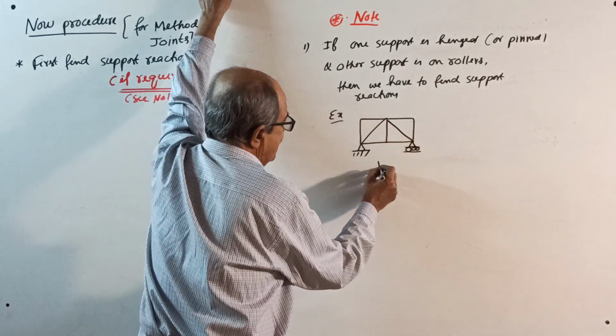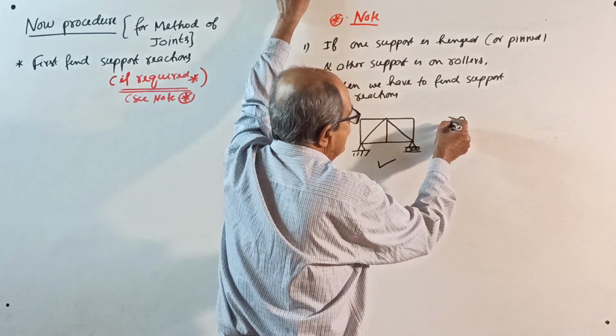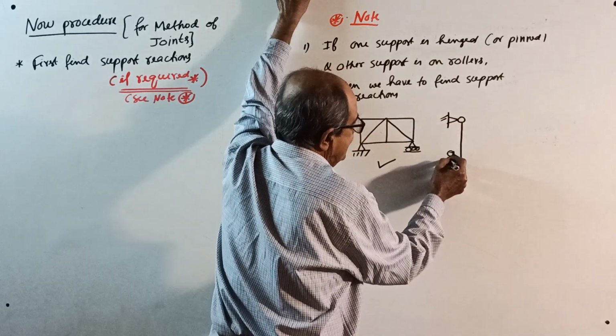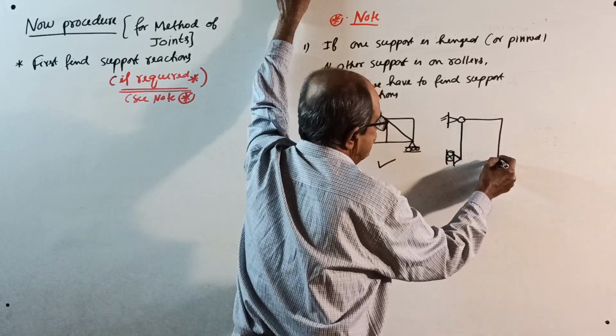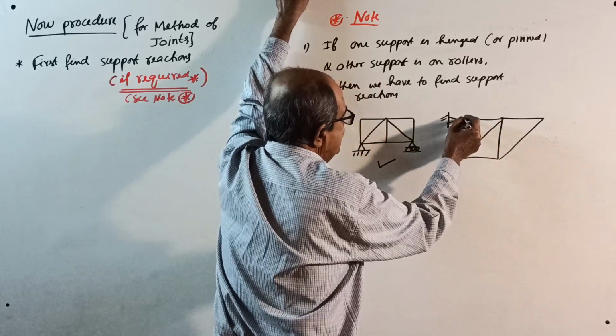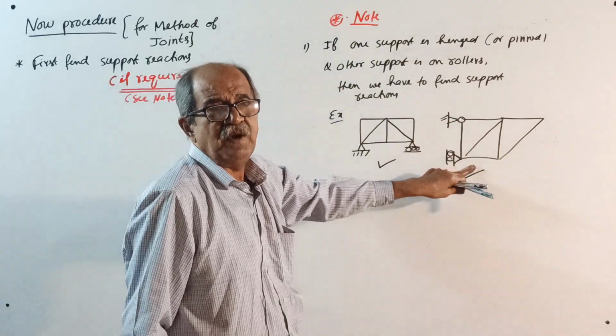Yes, support reactions are required to be calculated. Or sometimes they give it this way, placed vertically, no problem. One hinge, one roller. Yes, support reactions are required to be calculated.